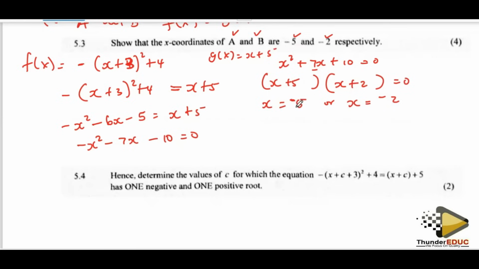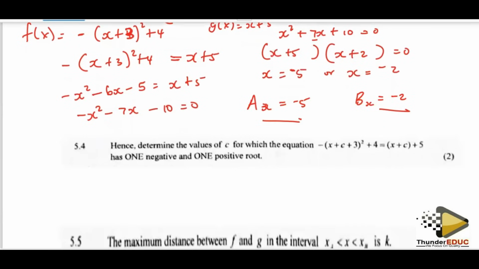Which means, since my A is the farthest, it will have the smaller value. So the x of A is -5, and the x of B is -2. That's what we do, they want the x coordinates only.